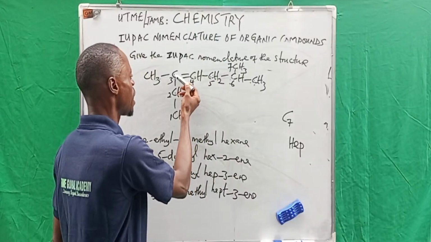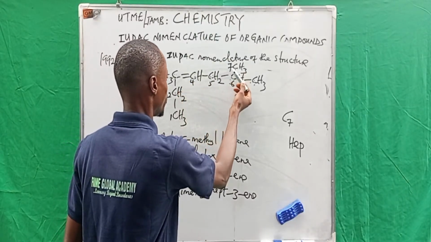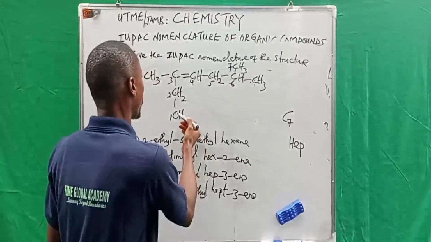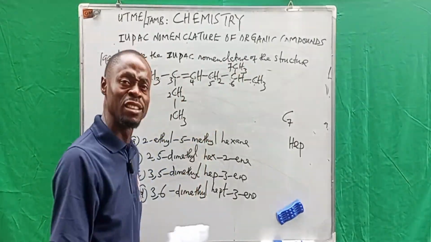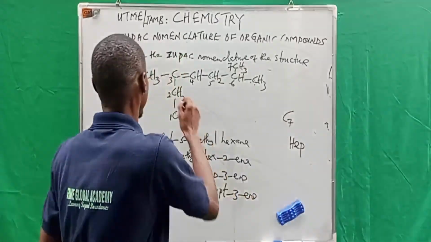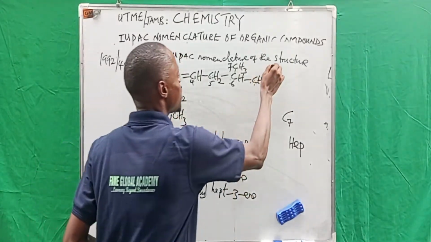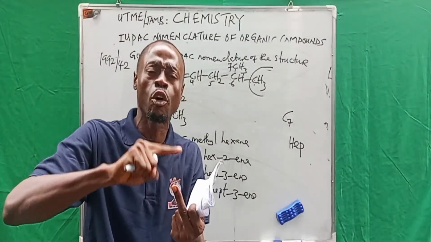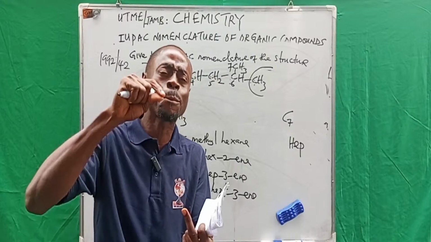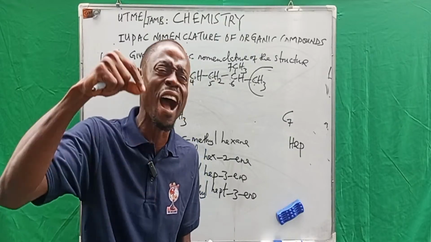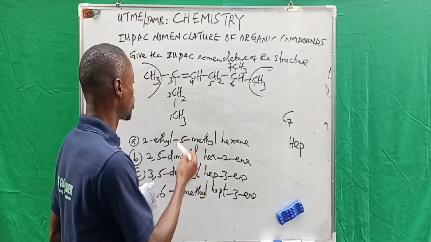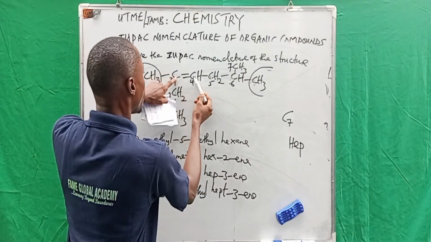If we had taken the other direction to locate our longest carbon-containing chain, it means the branch in this structure would be this part and this part. Are you following me? Having located the longest carbon-containing chain, that part will no longer act as a branch. What do I mean? Look at our longest carbon-containing chain, 1, 2, 3, 4, 5, 6.